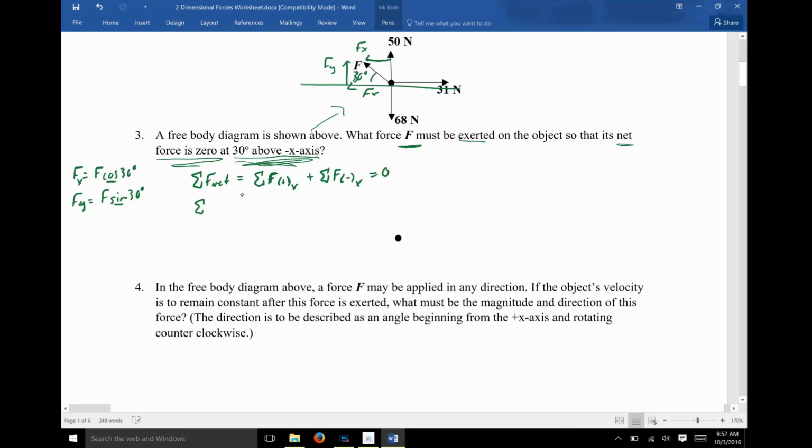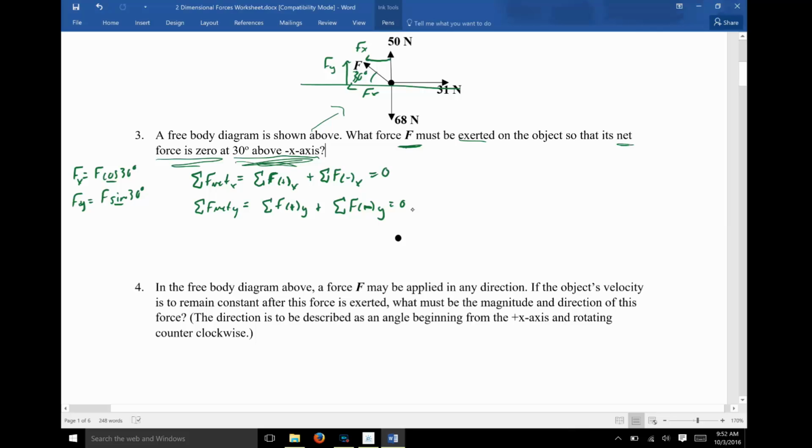We can do the exact same thing for the y-axis, sorry, that was for the x-axis. We can do the exact same thing for the y-axis: the sum of the forces in the positive y direction and the sum of the forces in the negative y direction equal 0 as well.